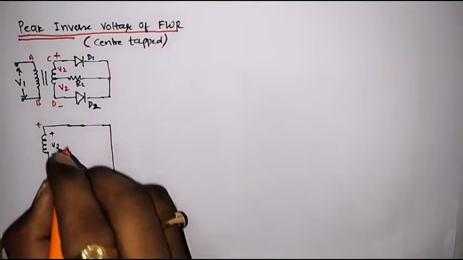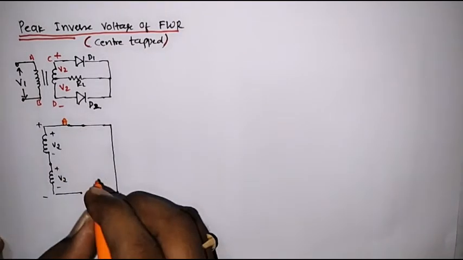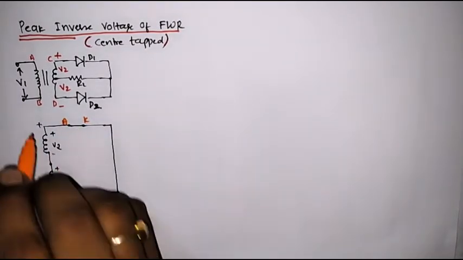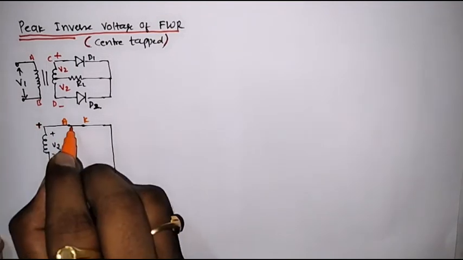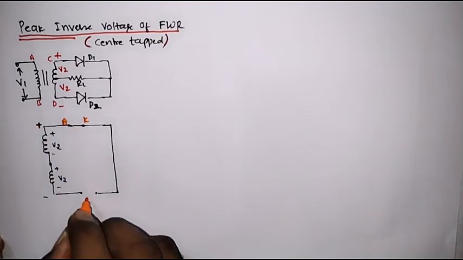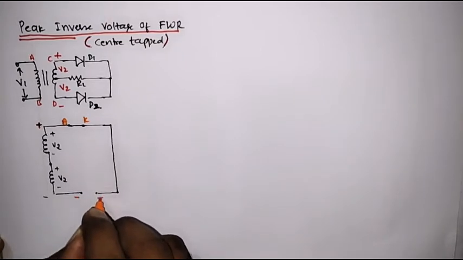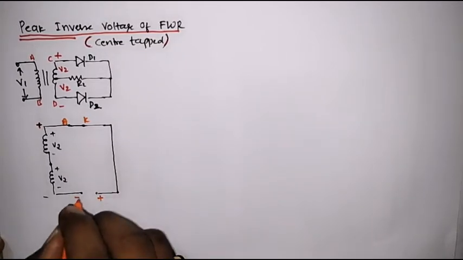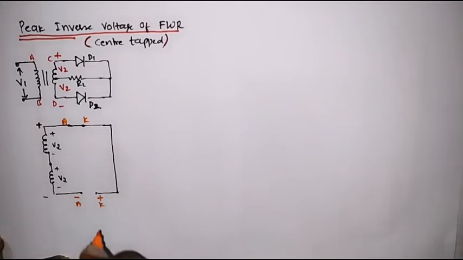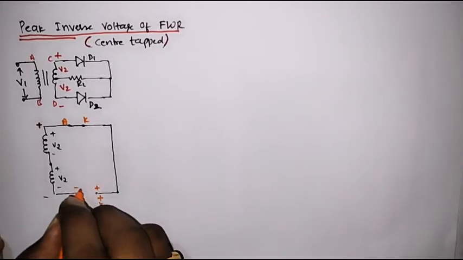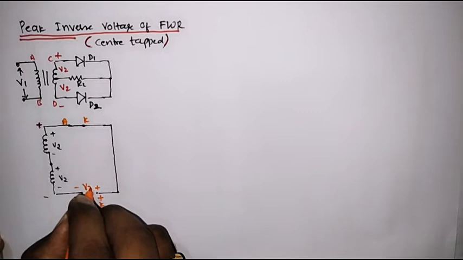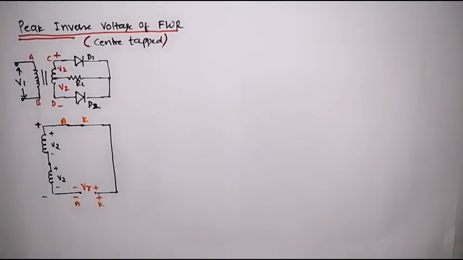So here we can observe that this is the anode of diode D1, this is the cathode, this is positive, therefore it acts like a short circuit, and here the diode D2 acts like an open circuit as this terminal is negative, this is positive, that is this is anode and this is cathode. Therefore here the reverse voltage VR exists.